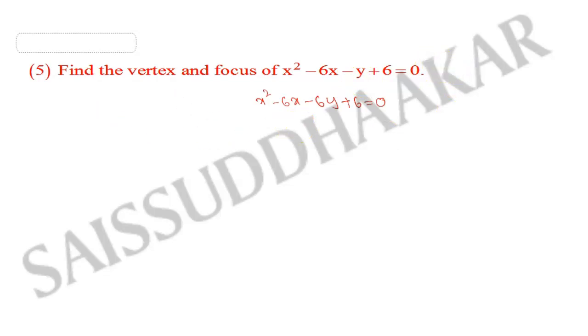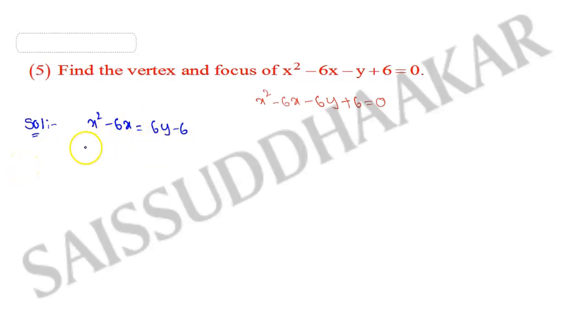Okay. Alright. So for this question I am taking the solution. x square minus 6x I am fixing on the left side. This is equal to 6y minus 6.